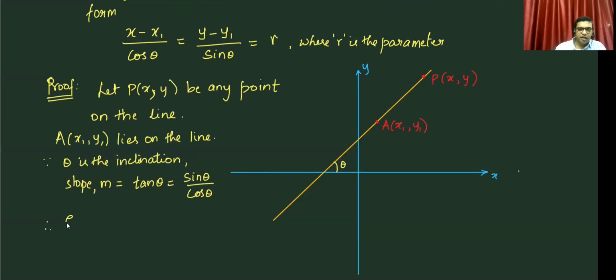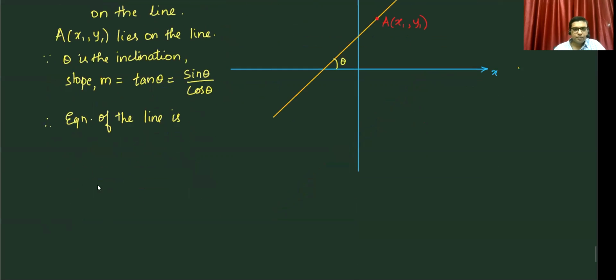Therefore, the equation of the line is y minus y1 is equal to m into x minus x1.